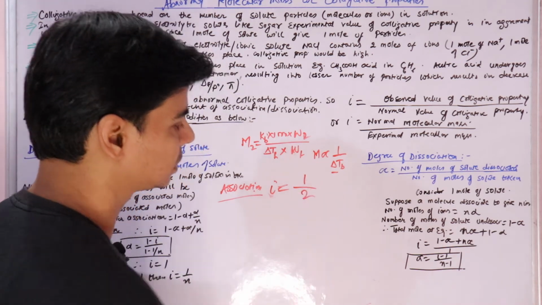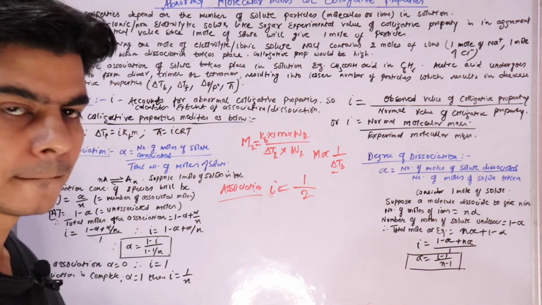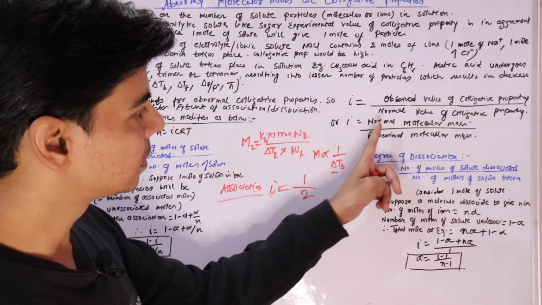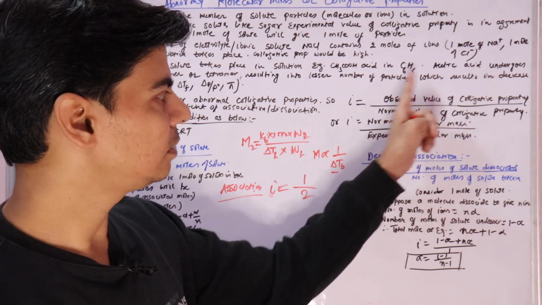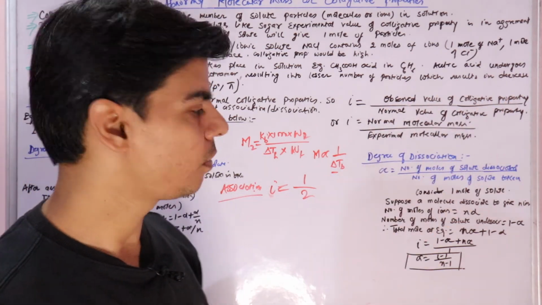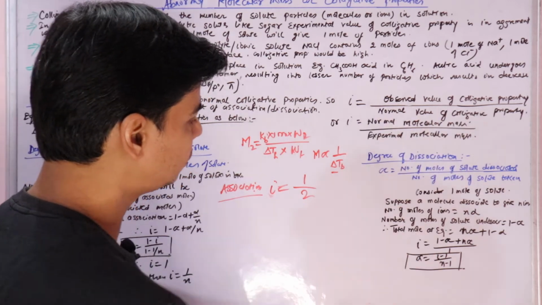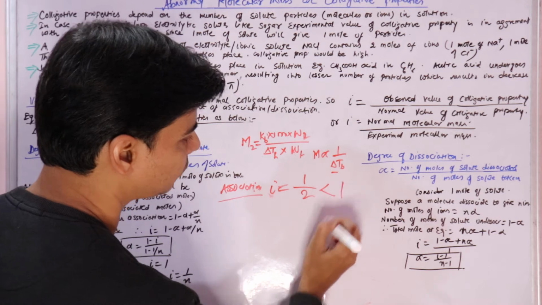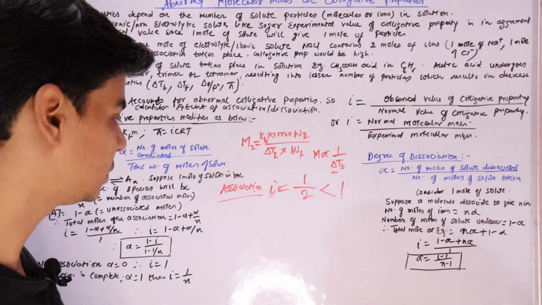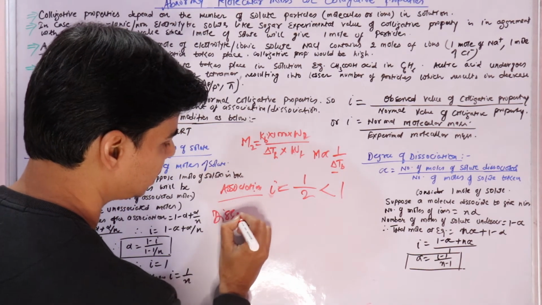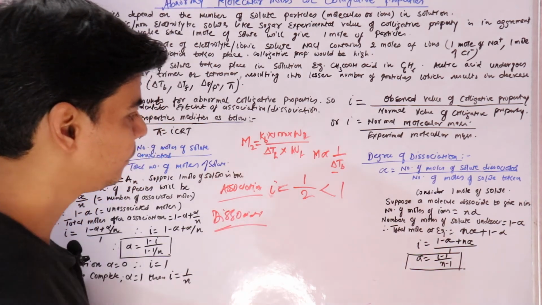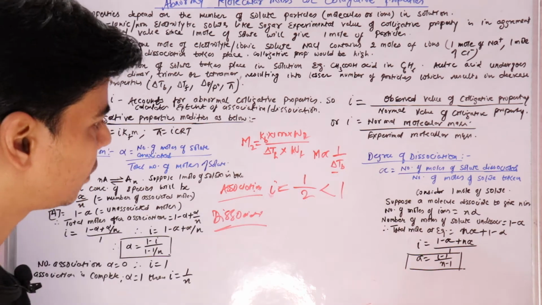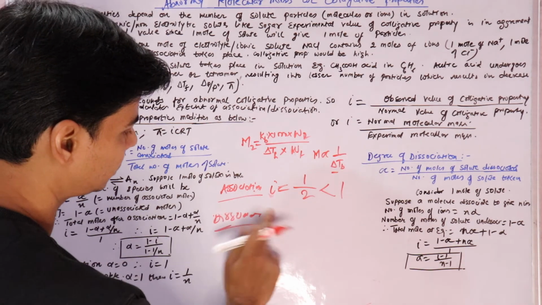Since the denominator is greater than the numerator, the normal value is greater than the observed value, so i would always be less than 1 for cases of association.